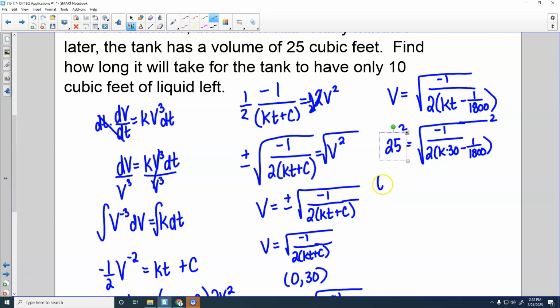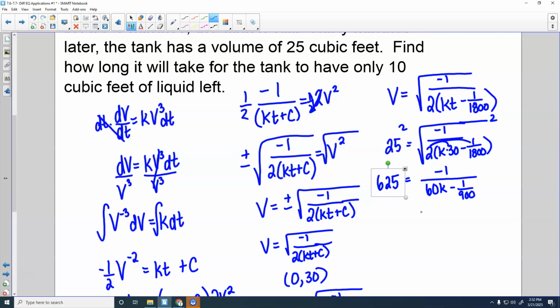Alright, so we got 625 equals negative 1 over, here I'm going to just go ahead and distribute this 2. So that's going to give me 60K minus 2 over 1800, which will reduce to 1 over 900. And this would be calculator active, but I just prefer to deal with the fractions for right now because they haven't gotten too bad, instead of decimals. But you could do decimals, just don't simplify.